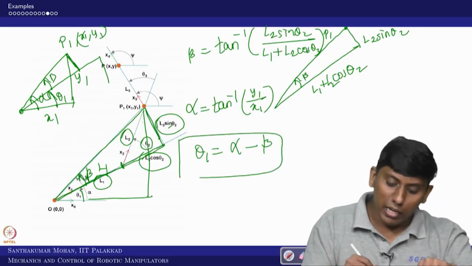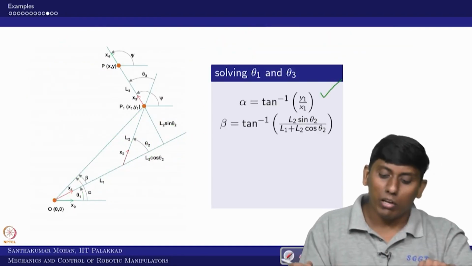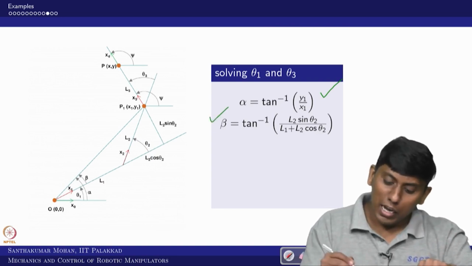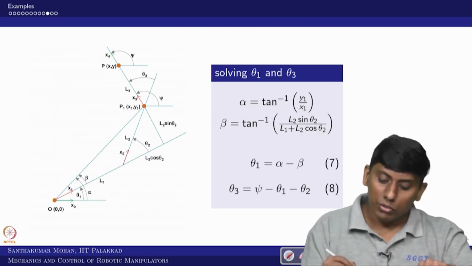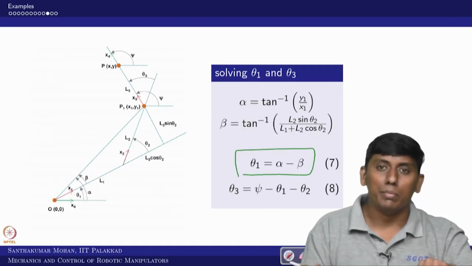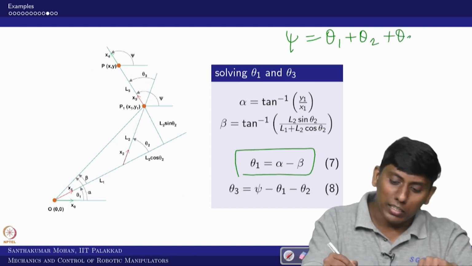So this relation I am bringing now. You can see that alpha is tan inverse of y1 divided by x1, and beta I am writing in this form. So now what is theta 1? Theta 1 is alpha minus beta. But what have you written for psi? Psi is theta 1 plus theta 2 plus theta 3.